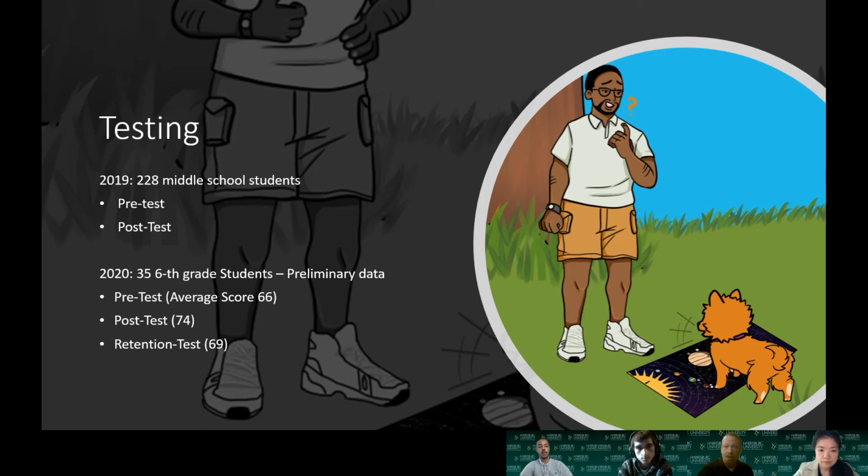We have not done an in-depth breakdown of that yet. We are in the process of analyzing the data. But this was conducted in a distributed setting in tandem with a couple of local school districts, where we said, encourage your students to download the game, take the pre-test, play the game, take the post-test, take the retention test.